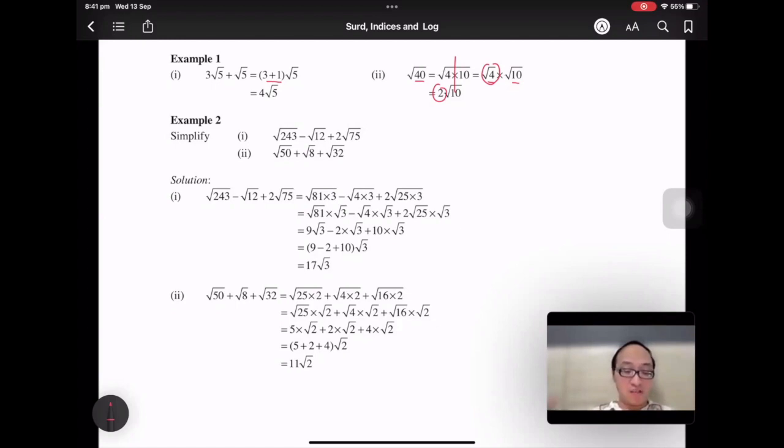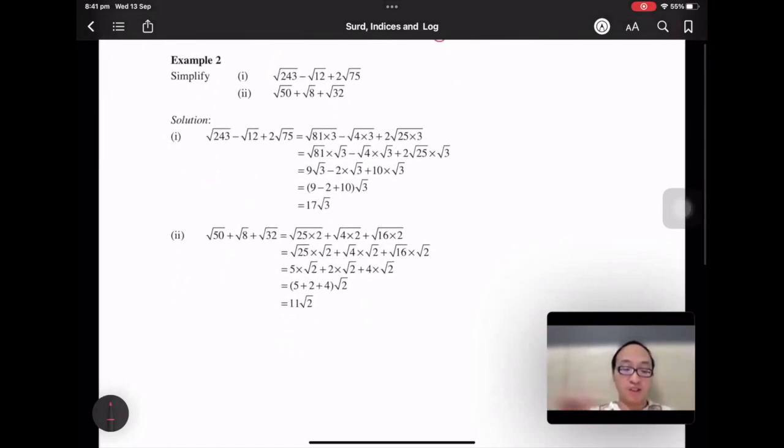Another example, square root of 243 minus square root of 12 plus 2 square root of 75. We can express the numbers inside the surd as a multiplication, and try to find the square number in it. 243 is 81 times 3, 12 is 4 times 3, and 75 is 25 times 3. From here, we can separate all terms.